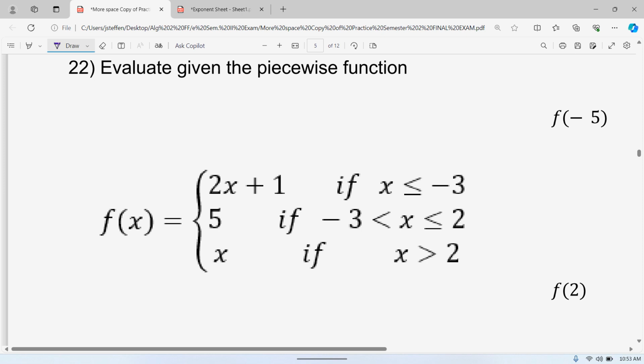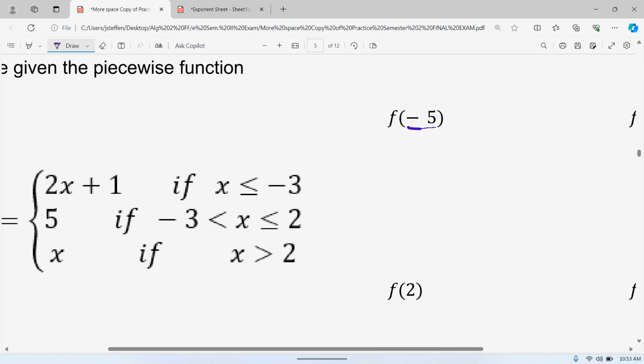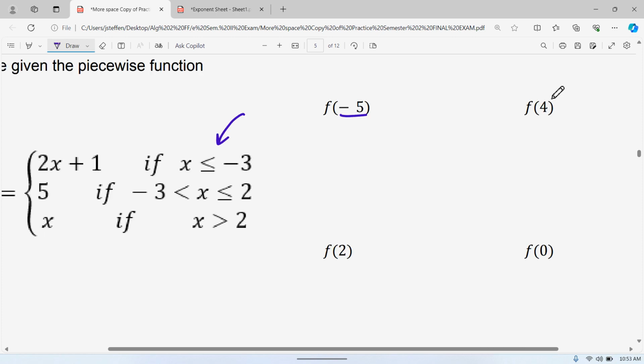The function, so remember, these are the x's that you're subbing in, but you only sub it in if it falls under each one of these categories. So for -5, and I try to color coordinate this on the practice answer key to the practice final, -5 falls under this, less than -3. That means we use this formula.